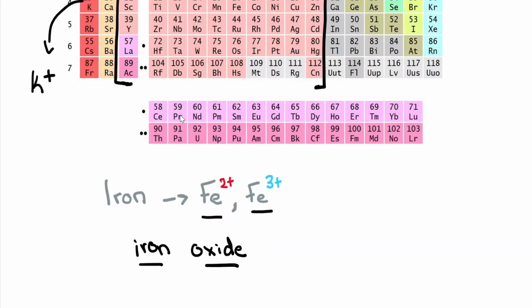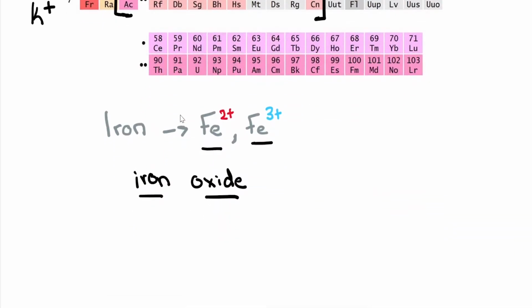So what happens when we name transition metals is that we use Roman numerals to indicate the charge. For example, if I were to name the iron oxide with the Fe2+, it would look like this.